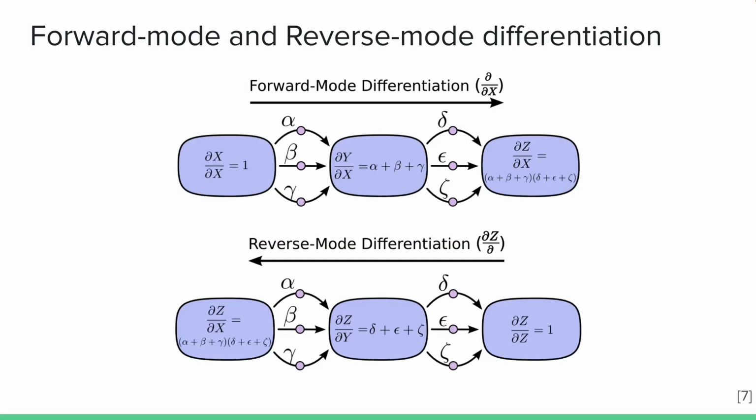There are two techniques in path factorization. One is so-called forward mode differentiation, which tracks how one input affects every node. And the more interesting one, which we're usually interested in for calculating the gradient, is the so-called reverse mode differentiation, which basically tracks how every node affects one output. So we're looking from the output and want to see what effect each node has.